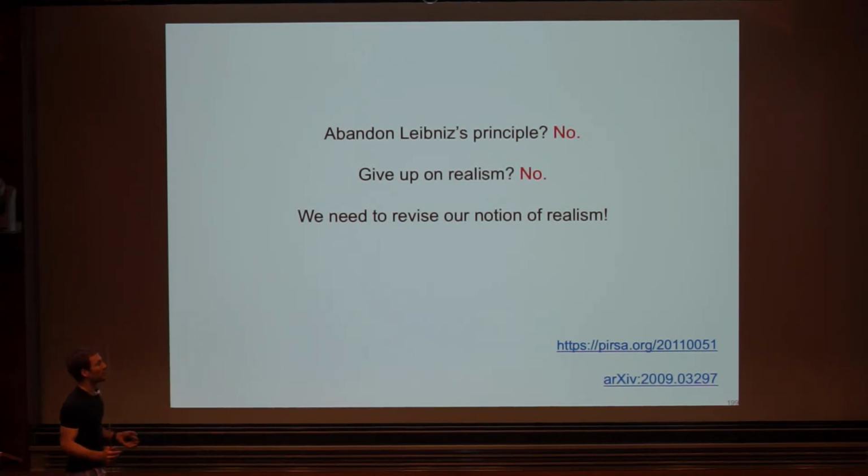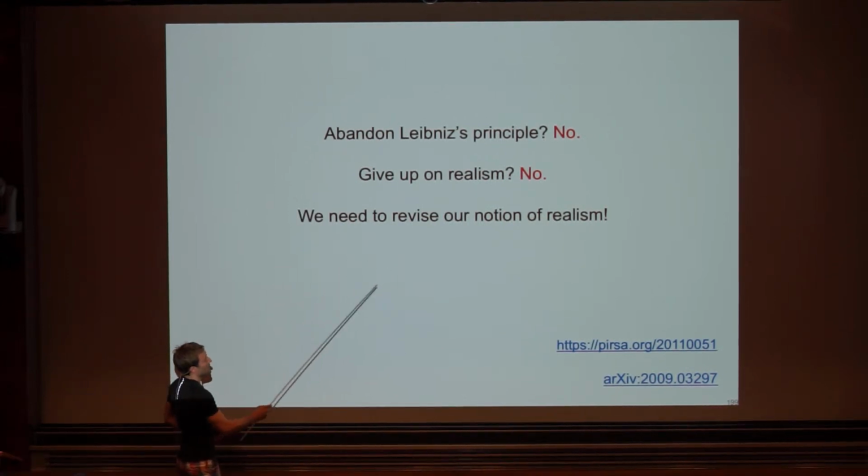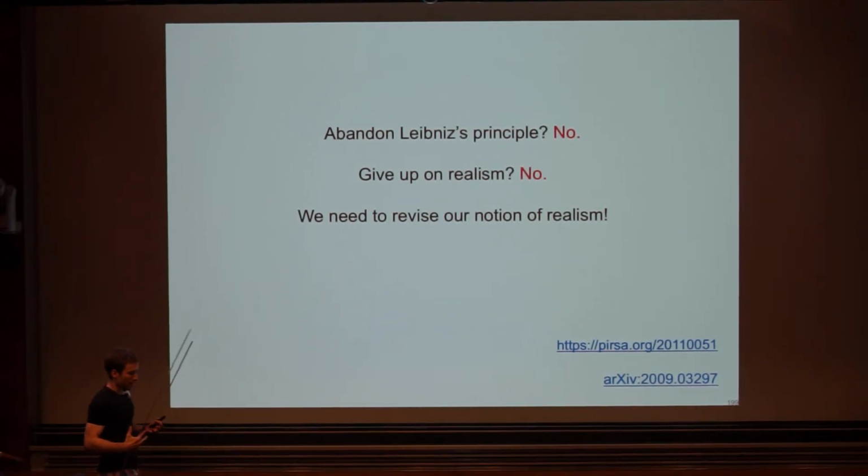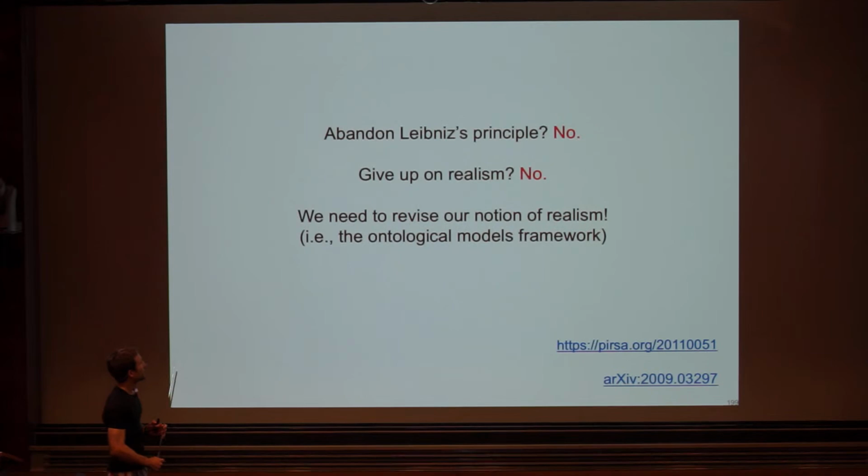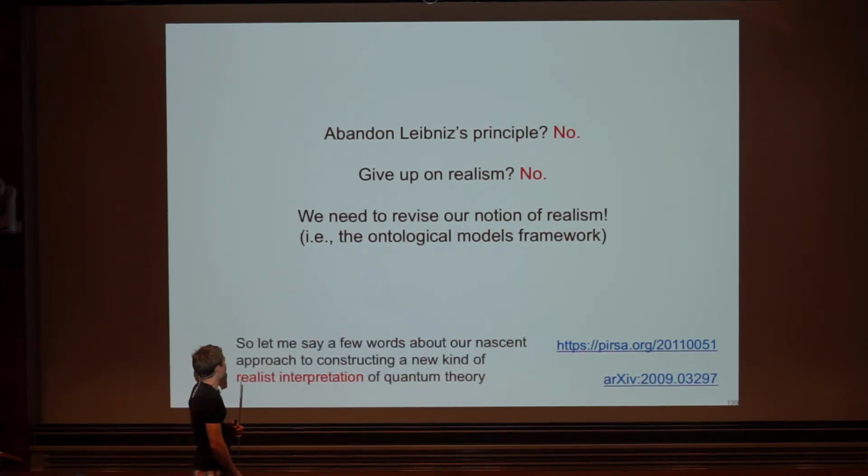Do we need to just give up on locality and accept that there's instantaneous superluminal influences? Well, if we can come up with a nice notion of realism that still allows us to give good causal explanations, but which violates some of the implicit assumptions of the ontological models framework, then we can get around these no-go theorems. So let me say a few words about this nascent approach that you can find in this paper. It's very much in the early stages, kind of speculative.